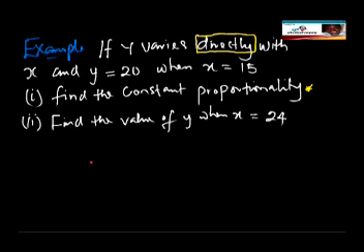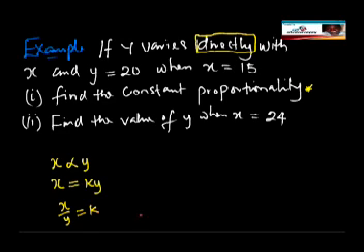The first question here says find the constant of proportionality, which means we are using the equation that deals with the constants. Let's begin: x varies directly as y. This is the formula for direct variation because it goes in a linear form. Then x is equal to ky, then x over y is equal to k.